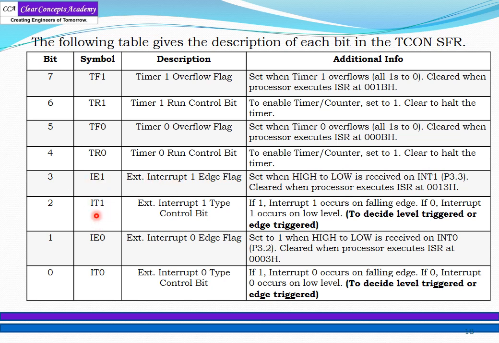The bell has rung, the interrupt has occurred in your study. Now you went to the telephone. This is the telephone address and you attend the ISR, that means you are attending the phone call. So this is the ISR, the interrupt service routine at that particular interrupt location, and the address of that particular interrupt location.